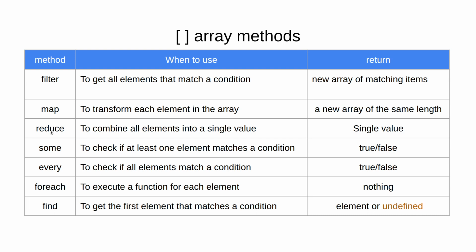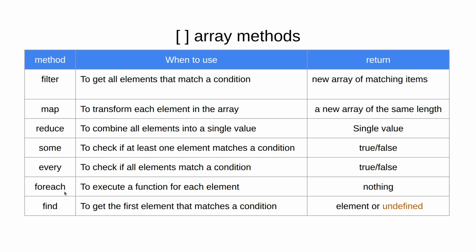We use reduce if we want to calculate something like sum, average, maximum, minimum, or any other calculation which combines all elements. The reduce method will return only a single value. When we want to check if a condition matches at least one element or all elements, we use some and every, which return true or false.